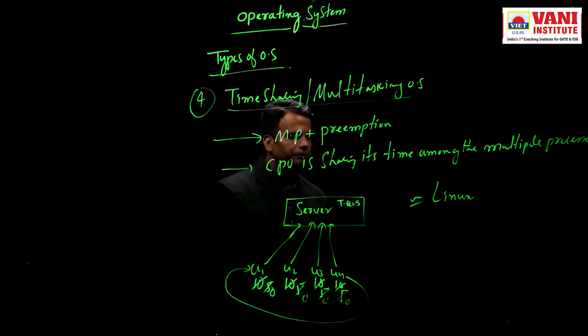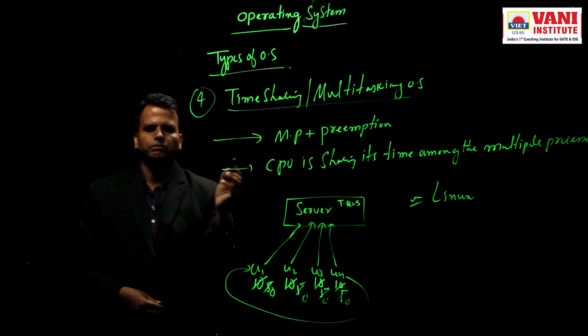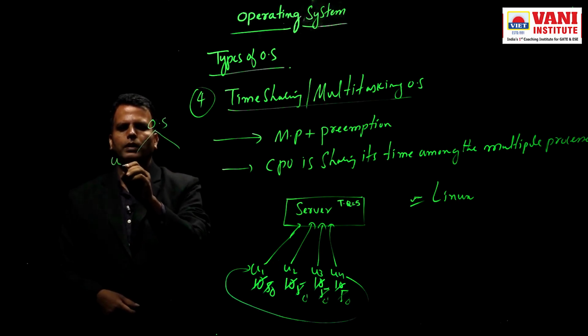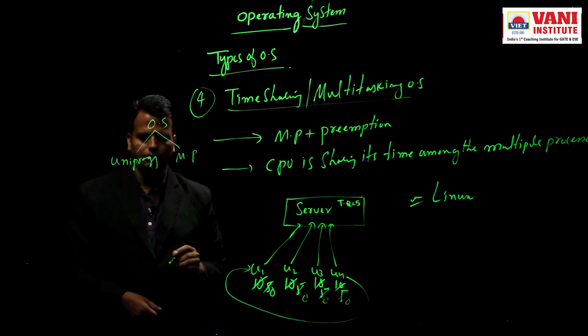Now the operating system is generally classified into two parts. One is UniProgramming, as we have seen, and the other one is MultiProgramming.